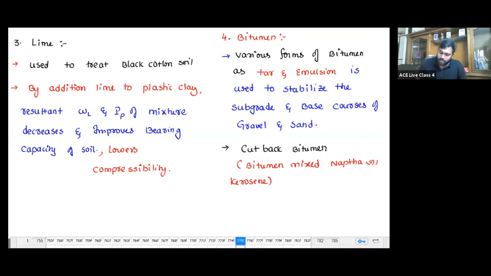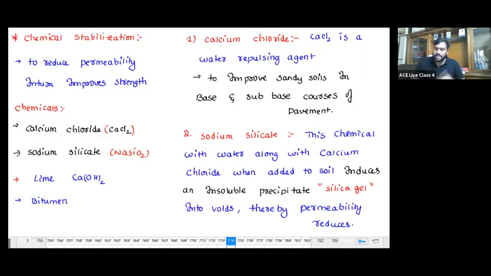Okay, so cutback bitumen is used to treat cohesive soils. So various forms of bitumen are there, and cutback bitumen is there. The third one is lime. So these are the main chemicals that we are going to use.